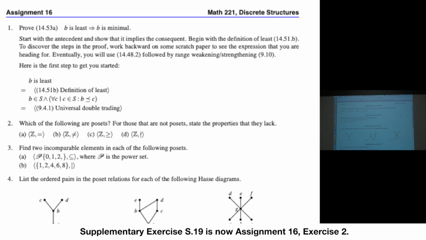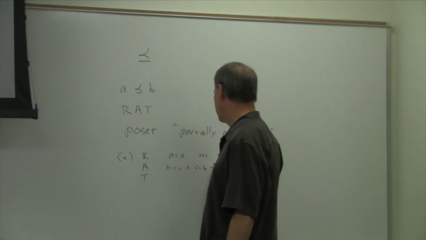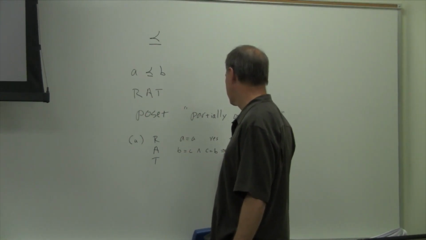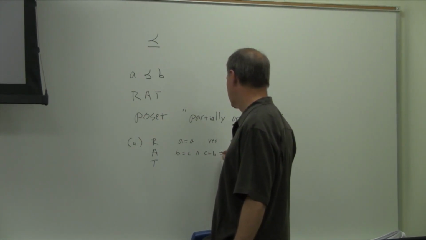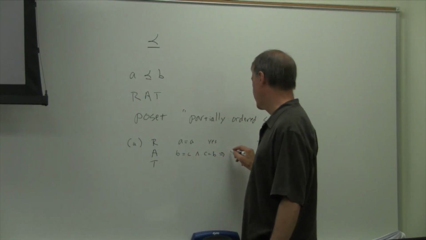For A, we need to see, is it RAT, right? Reflexive: A equals A. Yes, that's okay, right? What about antisymmetric? If B equals C and C equals B, that implies that C equals B, B equals C, right?